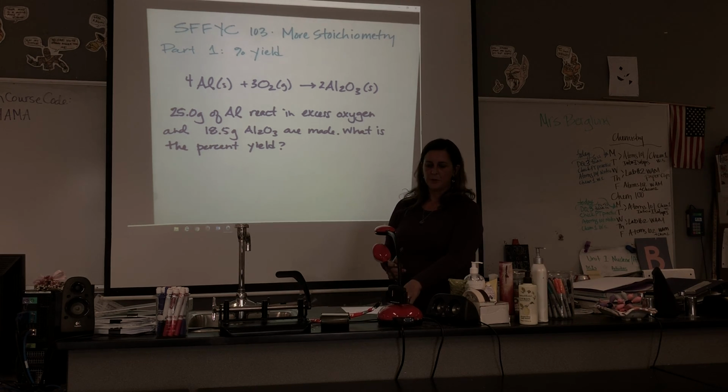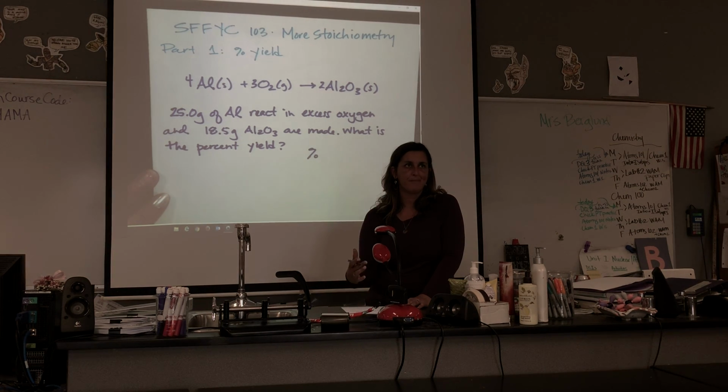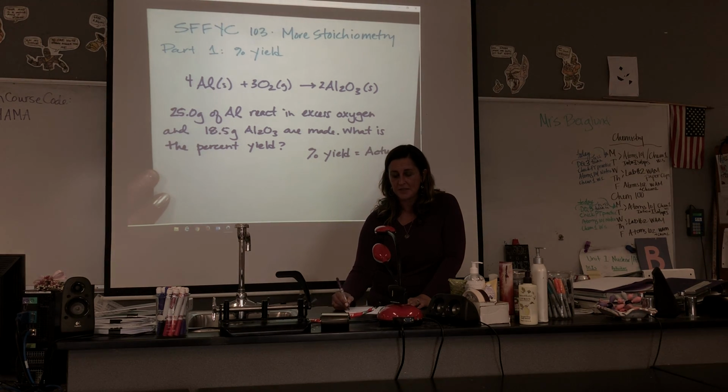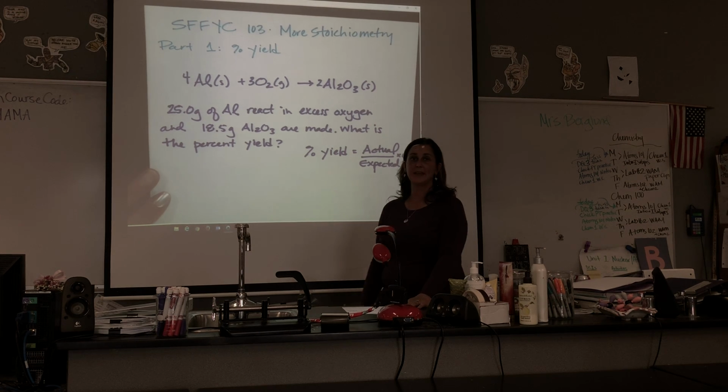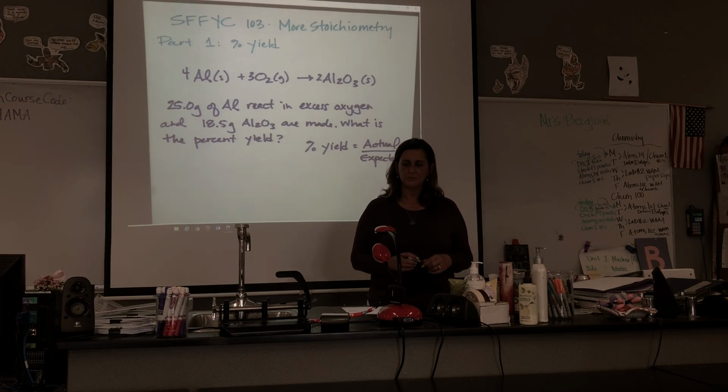What we want to remember with percent yield is that the equation for finding percent yield involves the actual yield, so what's actually made, over what's expected, and then we have to, of course, turn it into a percentage and multiply by 100 to get from the decimal to the percentage.